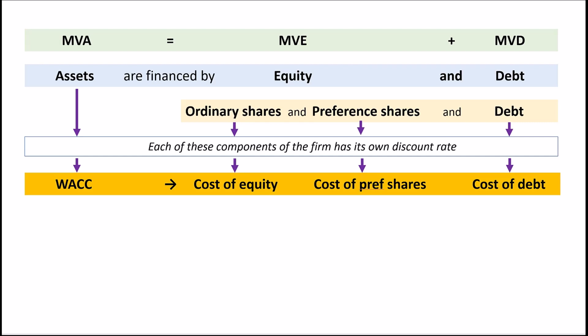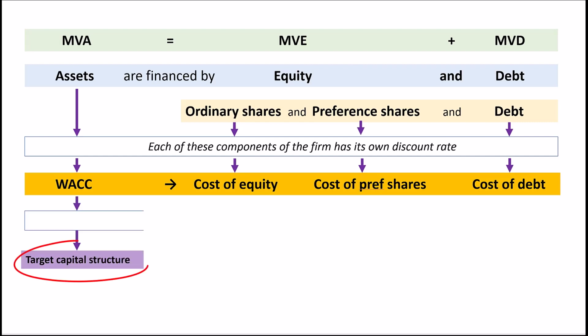This means that we need to establish a systematic basis for calculating that overall combination number. It seems intuitively right that this would be done on the basis of some kind of average of the component costs, and this is in fact the way it is actually done using the firm's target capital structure.